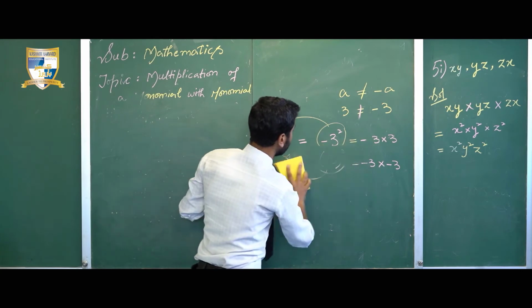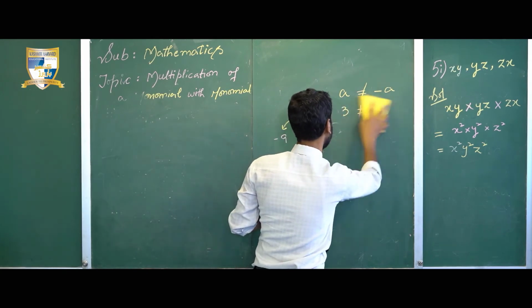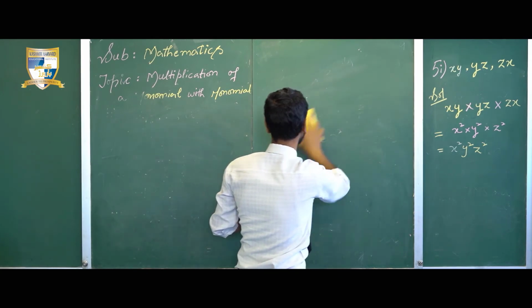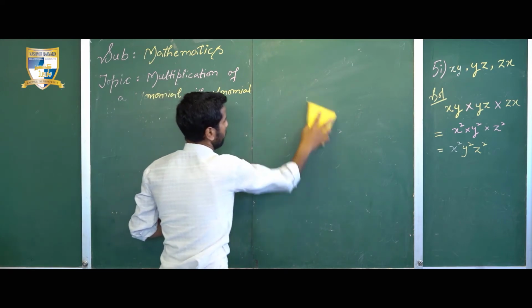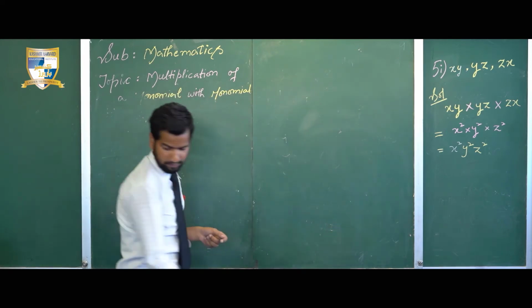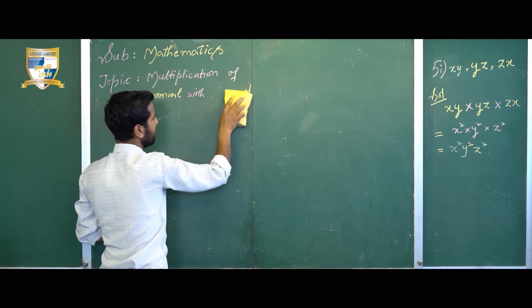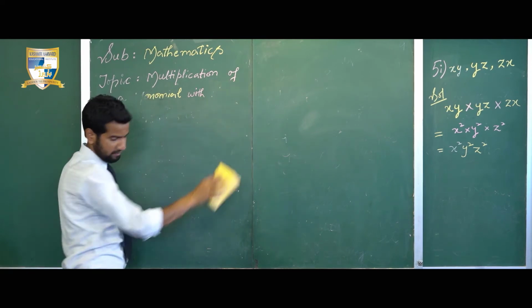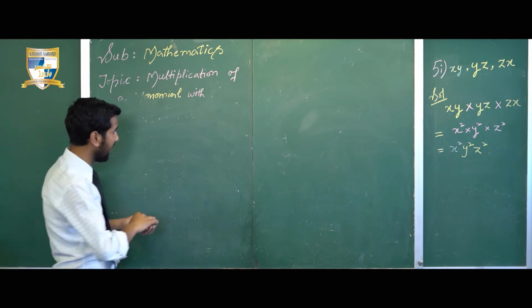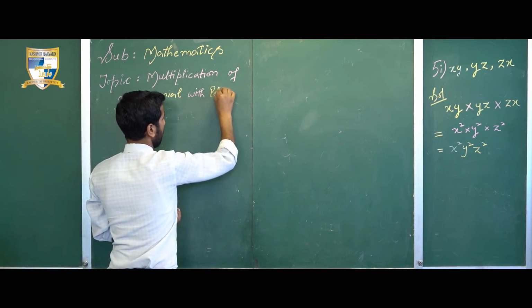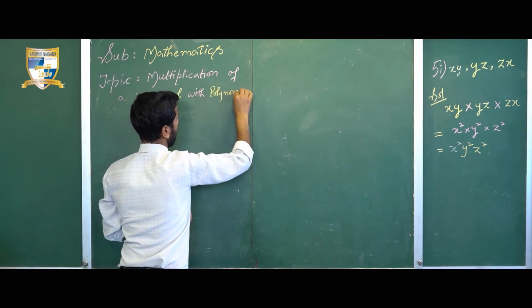In exercise 9.3, once again we are going to do multiplication. We are going to replace this monomial with any n term polynomial.